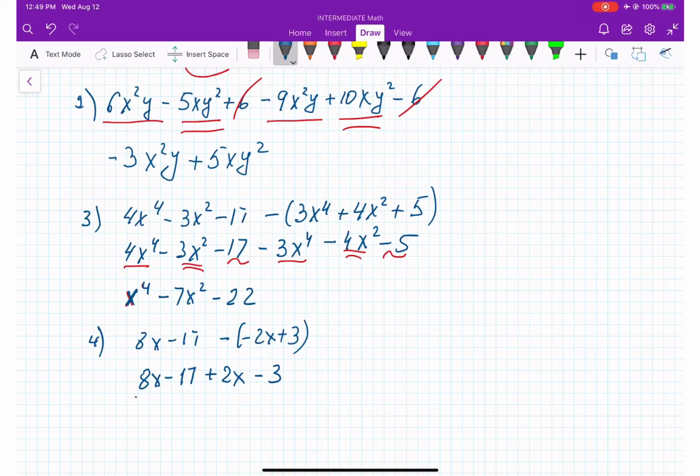Okay, combining like terms is going to be 10x and negative 17, negative 3, it's going to be minus 20. I don't know if this answer, you can check on group activity because sometimes it wants 10 comes out, x minus 2 also can be.